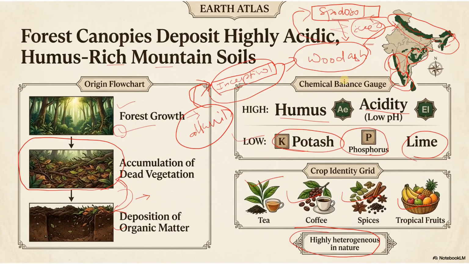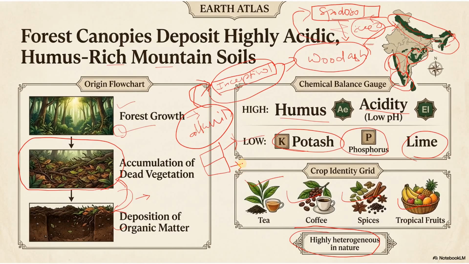See, nature does not have boundaries like this is inceptisol. It is humans who have done the classification to properly manage the soil resources: which crop should be grown here, what kind of properties this soil has, and how to apply which kind of fertilizer, so that our crop growth will be higher.